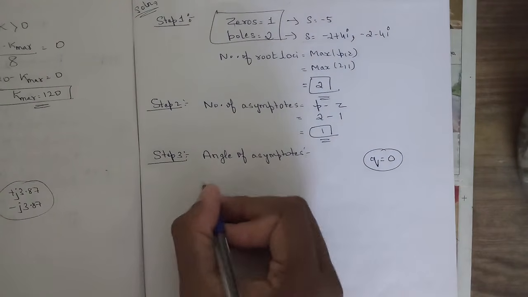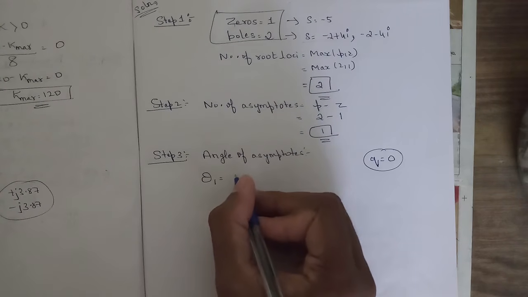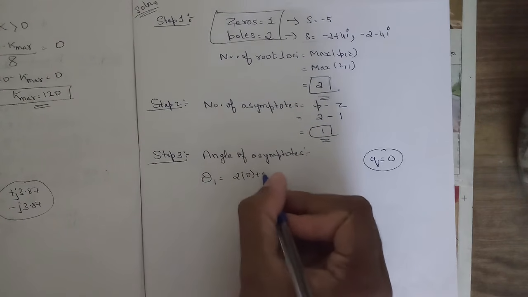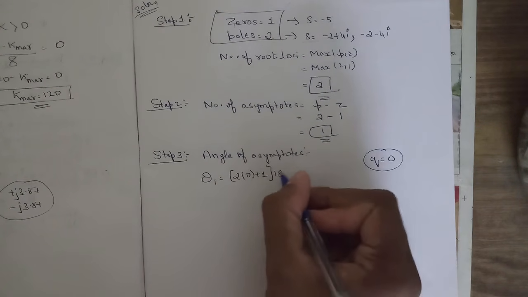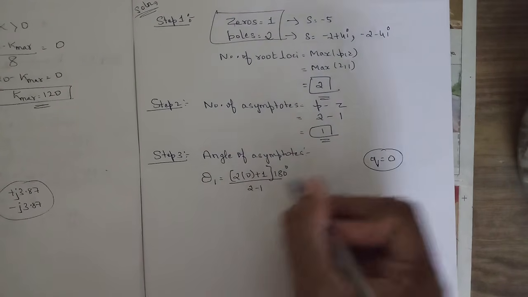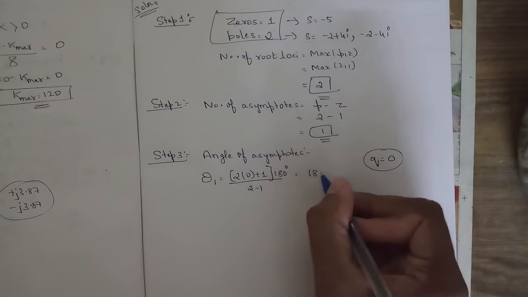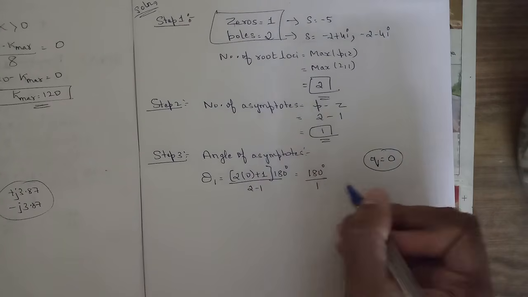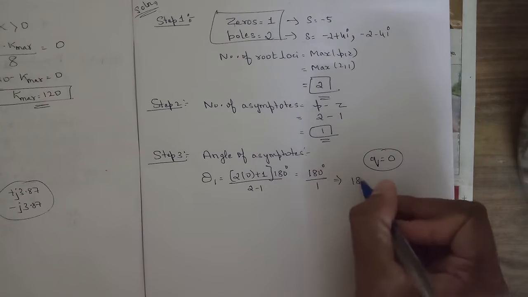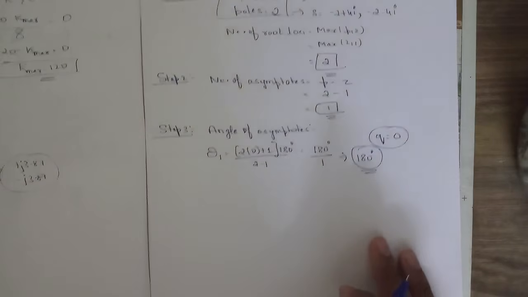So theta is equal to (2q plus 1) into 180 degrees divided by p minus z, that is 2 minus 1. 2 into 0 is 0, plus 1 is 1, 180 into 1 is 180 degrees, divided by 2 minus 1, which is 1. So we are getting only one single angle, that is 180 degrees. This we will plot in the graph.